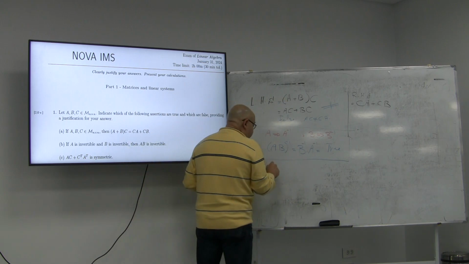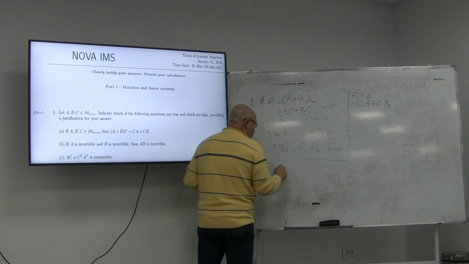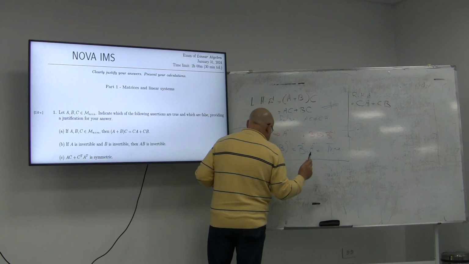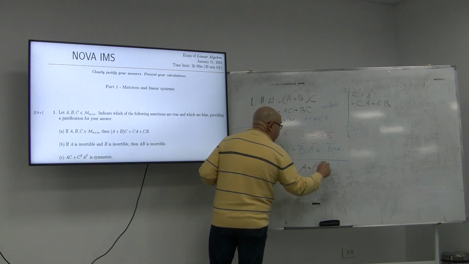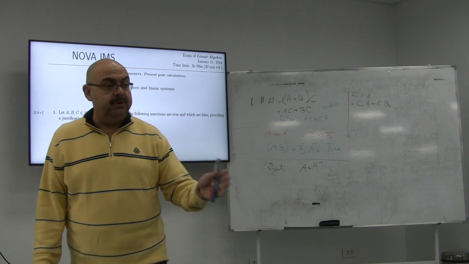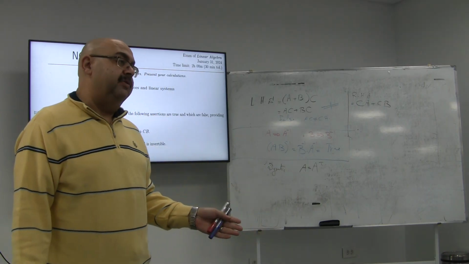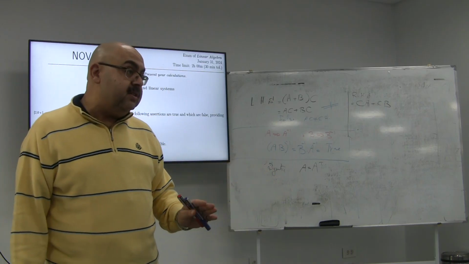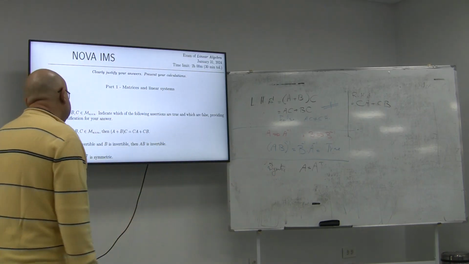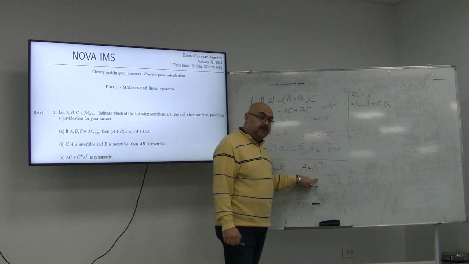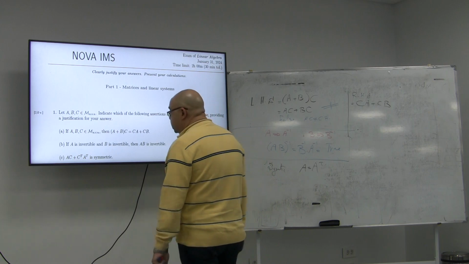For all symmetric matrices, A equals its transpose. If you remember the skew symmetric matrices, you will find that A equals negative A transpose. But for the symmetric matrices, A will equal A transpose. Okay, let's see this statement.